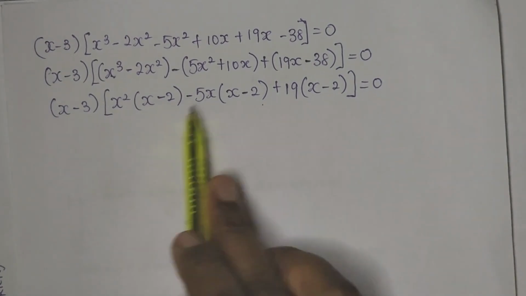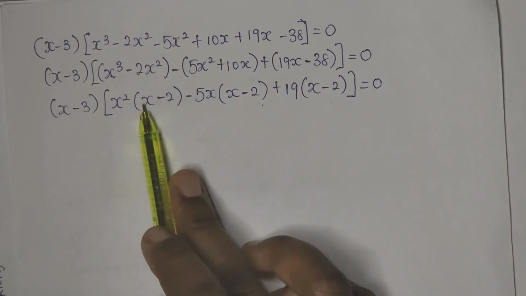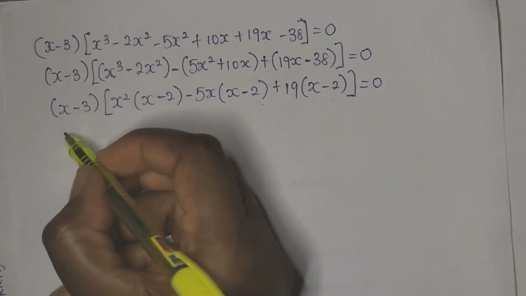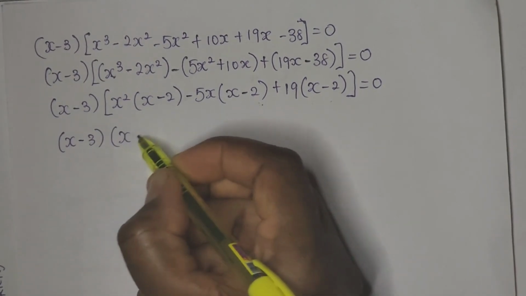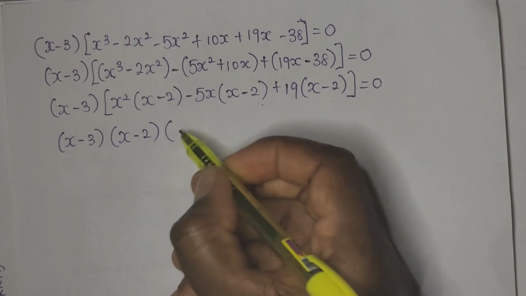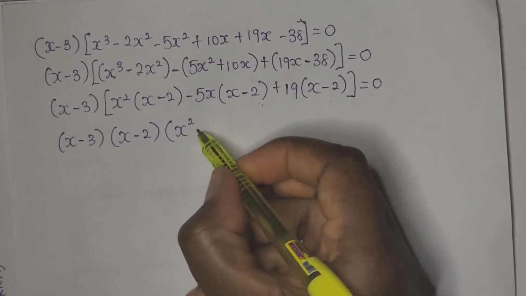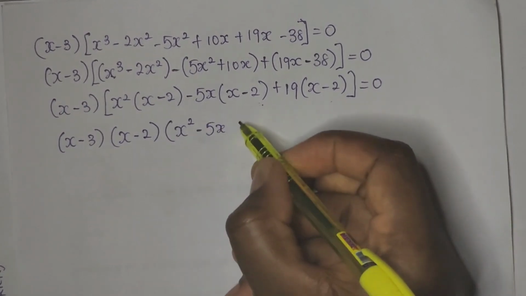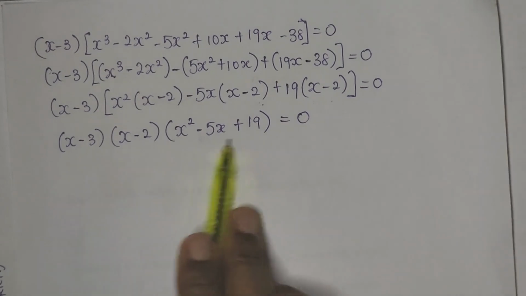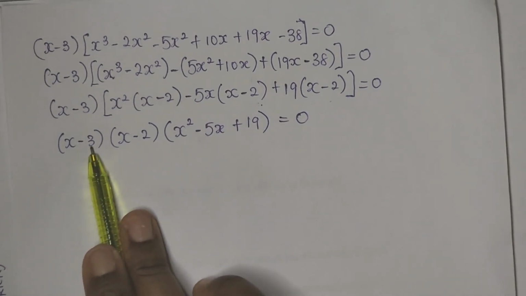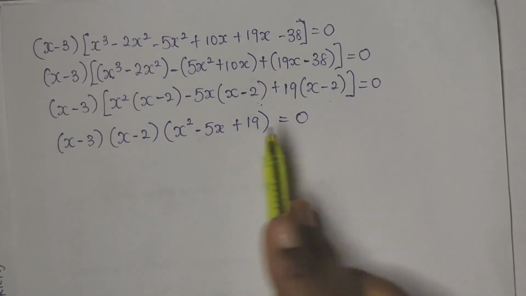So from here, we have a similar term in the brackets, which is x minus 2. So we factor it out. We have x minus 3 times x minus 2 and x to the power of 2 minus 5x plus 19, all equal to 0. So from here, we have a linear equation, and a quadratic equation.